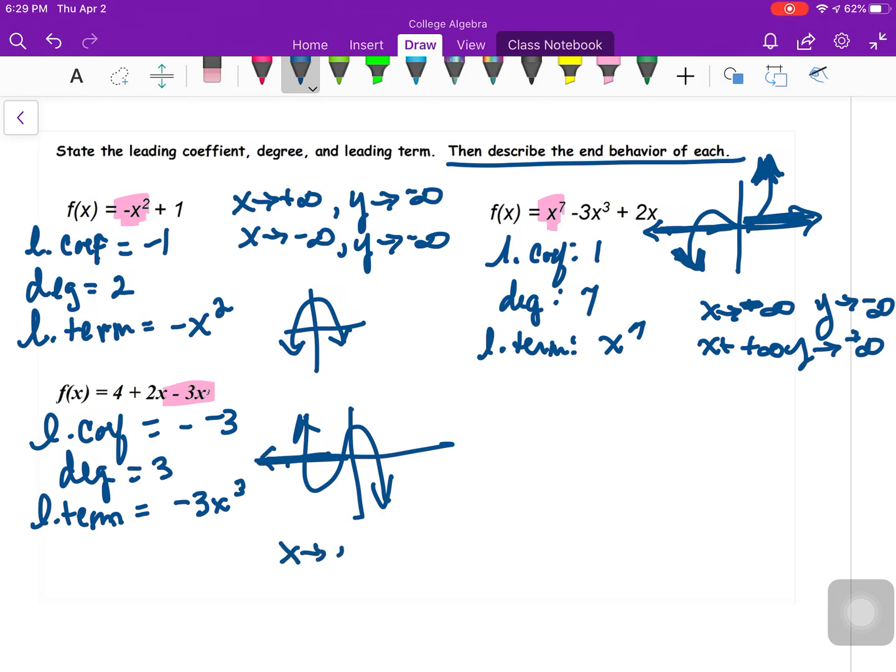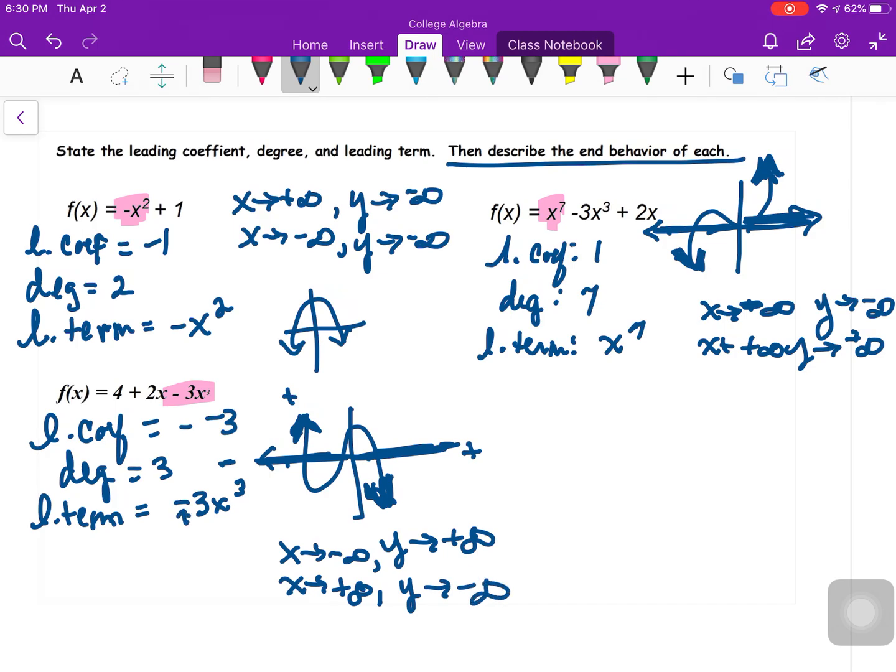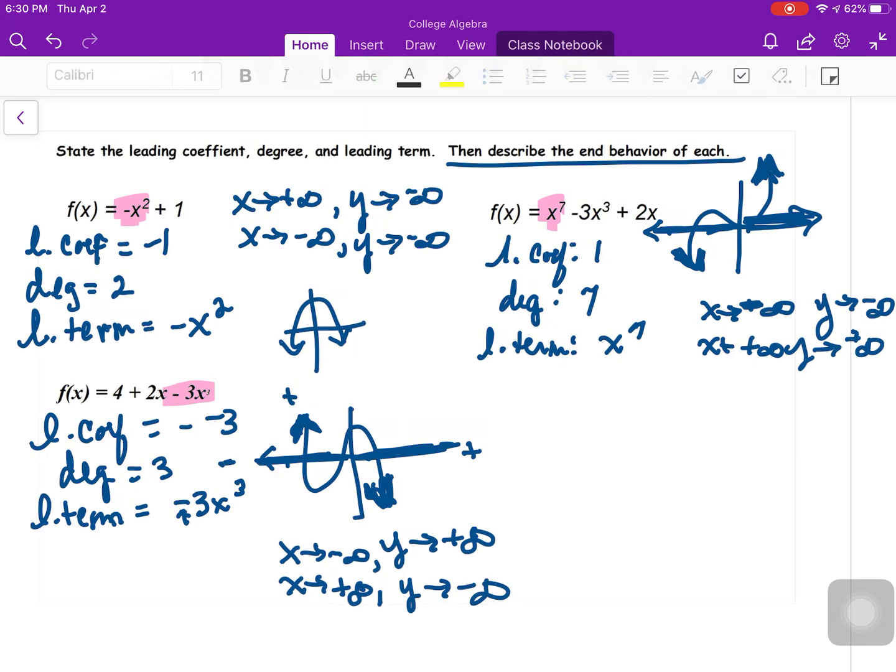So as x goes negative, my y goes positive. That's that. Negative, positive. As x goes positive, my y goes negative. Positive, negative makes that negative.